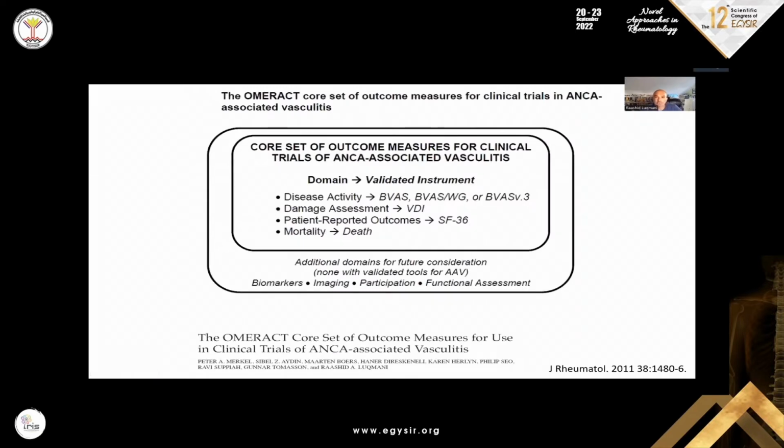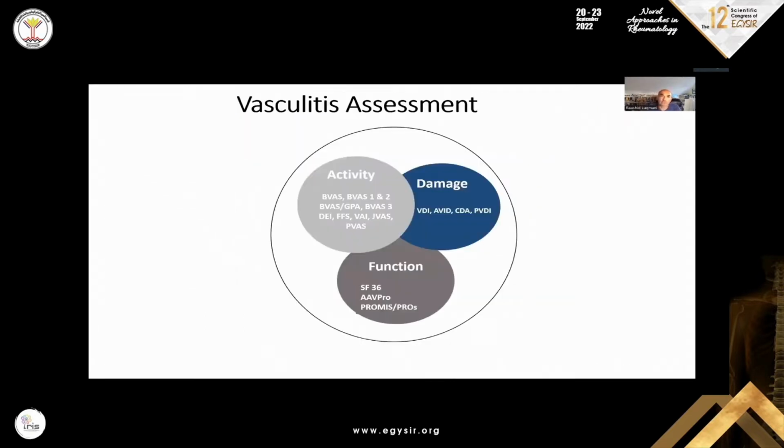Both of these measures, the BVAS and the VDI, have been accepted some 11 years ago as part of the core set of items to be used for evaluation of patients with vasculitis in clinical trials. And there are a growing number of ways to evaluate disease activity, damage, and also patient performance, patient function in patients with vasculitis for clinical trials.